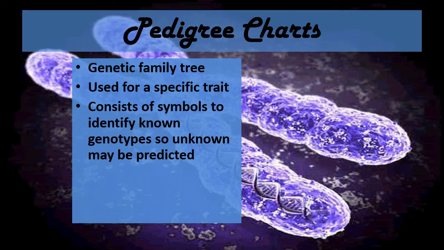So let's actually jump into pedigree charts. How do we actually read it on a much simpler case? Now that we've seen some very complex ones, we're going to read it on the very simplistic side, and we're going to practice with some of them. So they consist of symbols, and they identify known genotypes, so unknowns can be predicted.